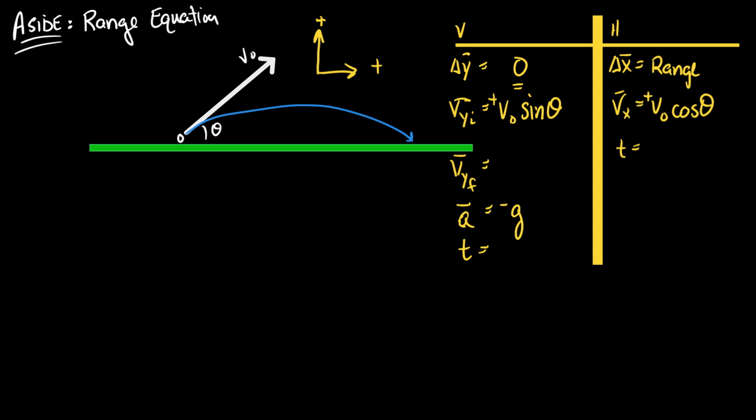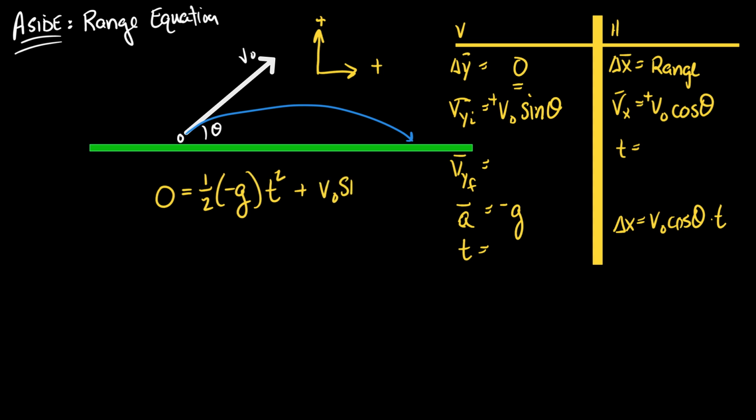Okay, here we go. On the left, I will have delta x equals V naught cosine theta times t. On the right, I will have 0 equals 1/2 times negative g t squared plus V naught sine theta times t.